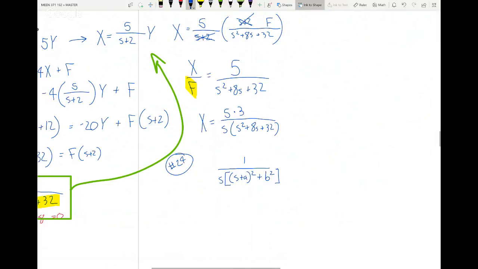Okay, and so this is kind of simple, right? So we say x equals 15. Here, let me erase this a little bit. Okay, x equals 15 times that. Now this works if we say that a is 4 and b is 4.